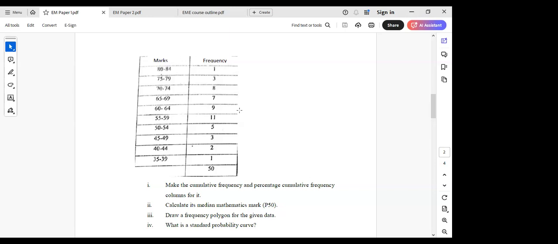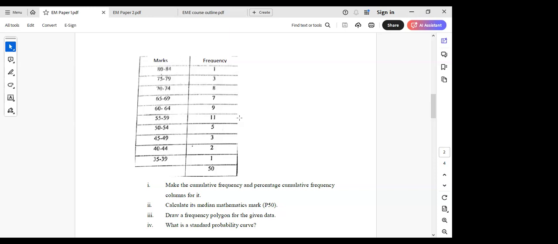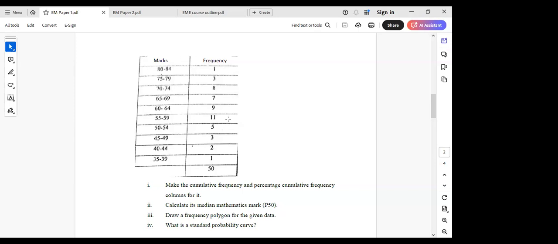50 total, 25th and 26th. Yes. But the lower class, 55 to 59, the CF is 22. The next class, 60 to 64, covers the 25th and 26th positions.